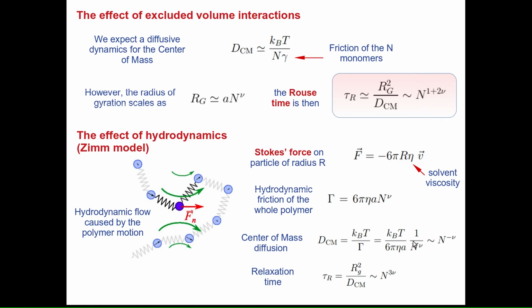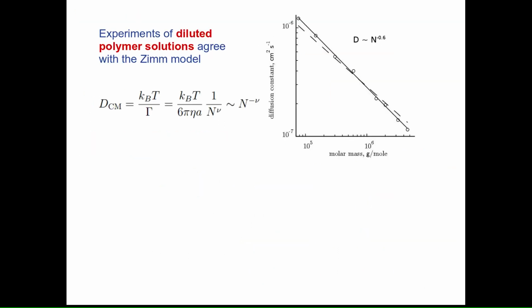There is a more rigorous, more precise way to obtain these results, but we discussed the Zimm model using scaling relations of this kind. Already these very simple relations are actually seen in experiments.